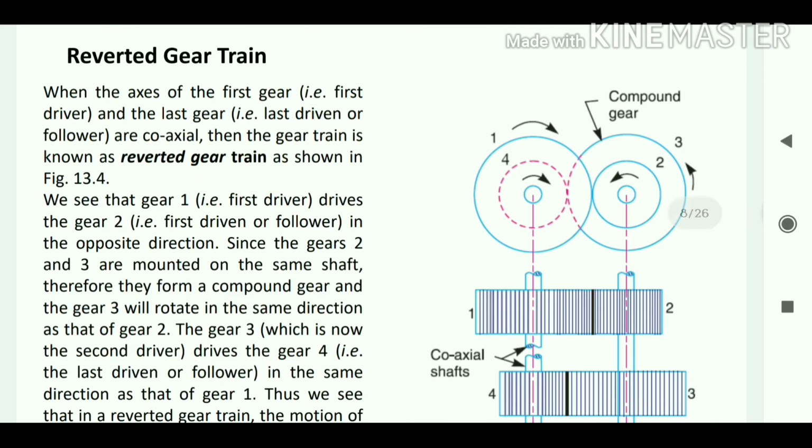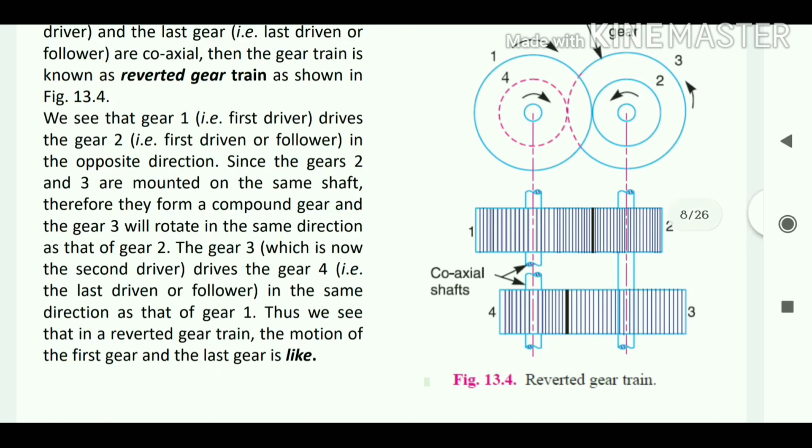Reverted gear trains are the ones in which the axes of the first gear and the last gear are coaxial. The gear train is known as the reverted gear train, as shown in the diagram. We see that gear 1 drives gear 2 in the opposite direction.